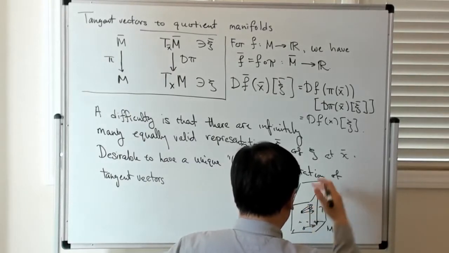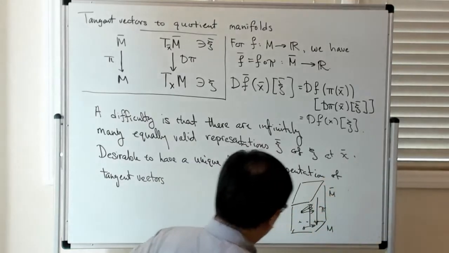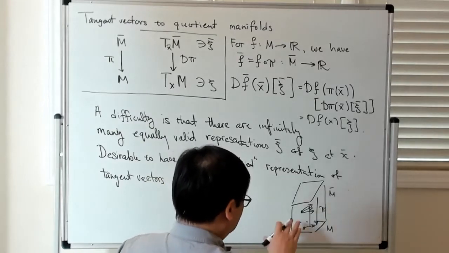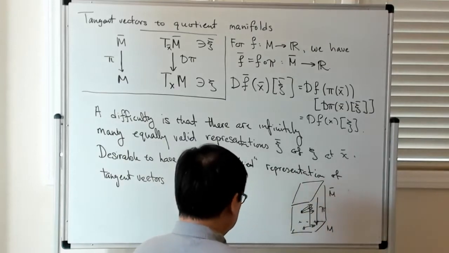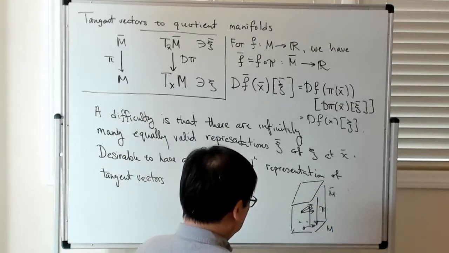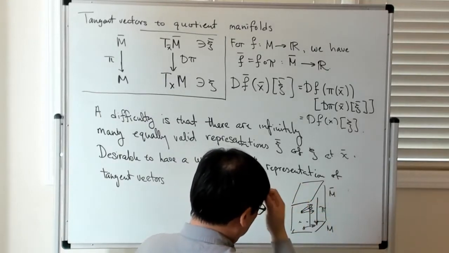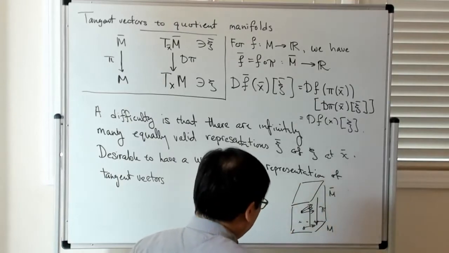There are many things which will all project down to the same vector. And intuitively, if you look at this picture, you can think of it as having a horizontal space and a vertical space, right? So there's some way to think about identifying.